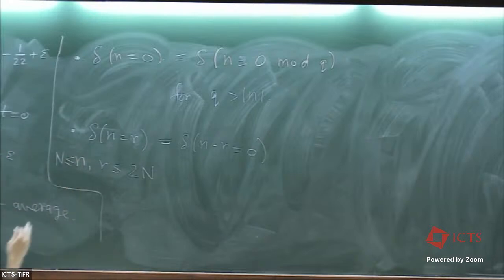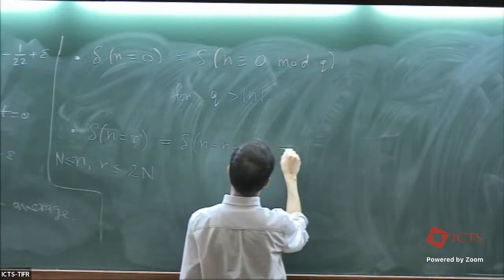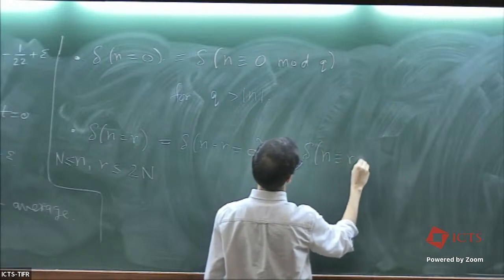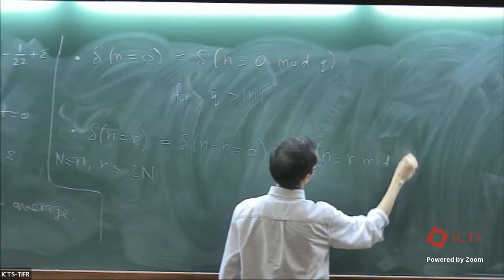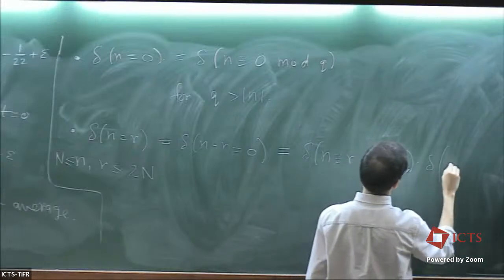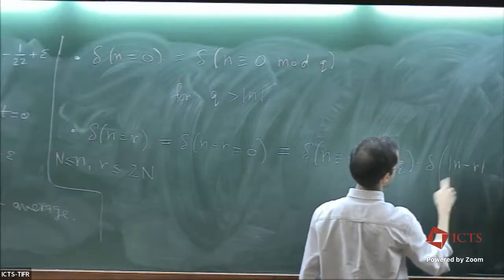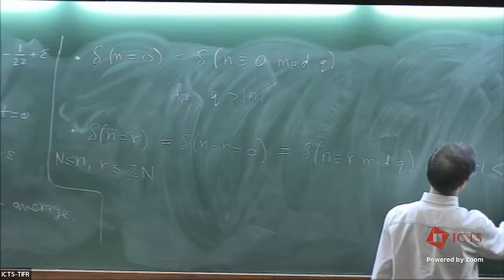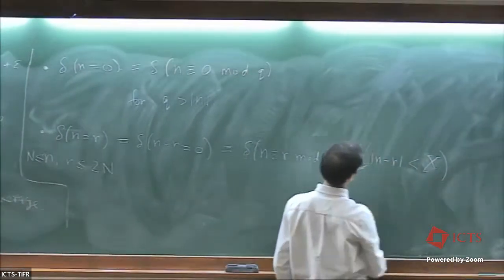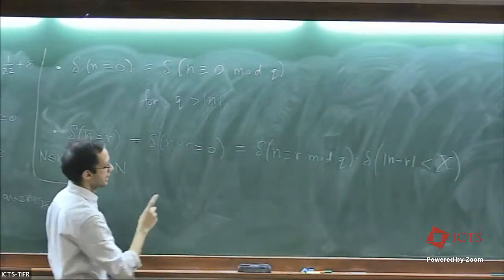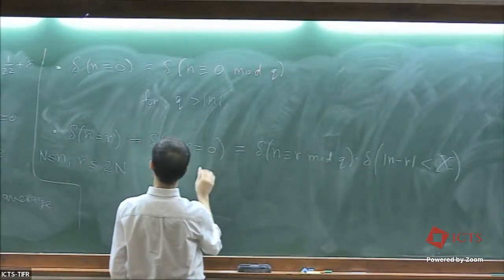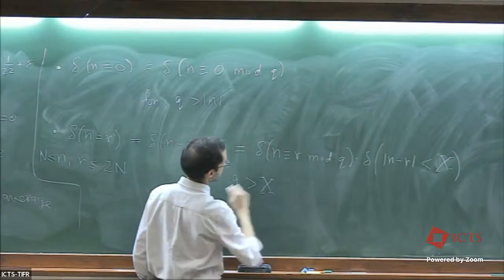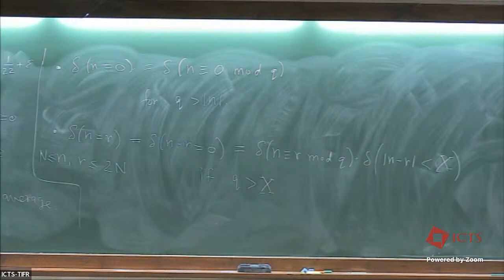What we're going to do is we can say that this is the same as saying that n is congruent to r modulo q, and you have an extra imposition that the distance between these two things is going to be, let's say, less than a certain parameter x, if you're able to choose this parameter q to be strictly bigger than x.